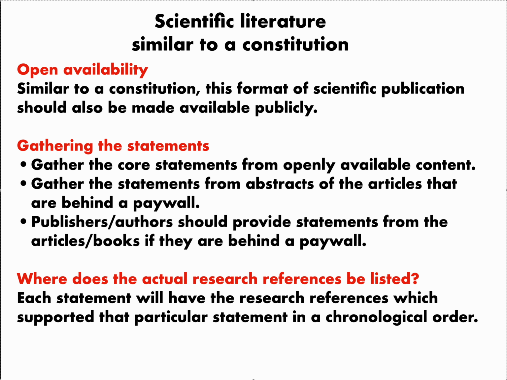And how do we build it? Gather the core statements from openly available content, and gather the statements from abstracts of the articles that are behind a paywall. If content is openly available, we summarize the main points and put them in the library. If articles are behind a paywall, we can take the points from abstracts and put them in the core library.